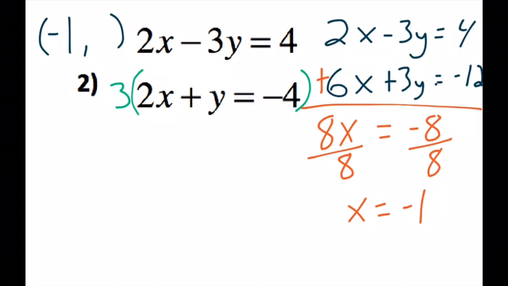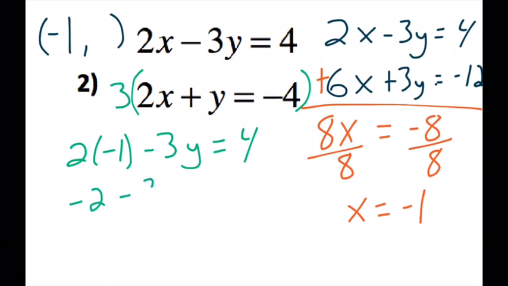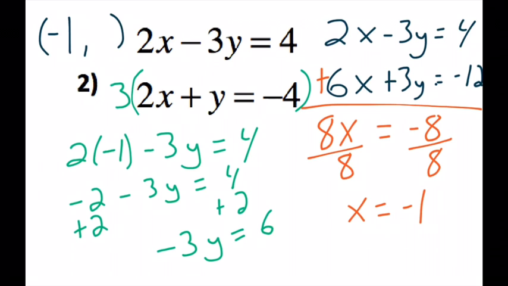I'm going to go ahead and do that to the top. So I have 2 times negative 1, subtract 3y equals 4. 2 times negative 1 is negative 2 minus 3y equals 4. We're going to add 2 to both sides. So negative 3y equals 6.